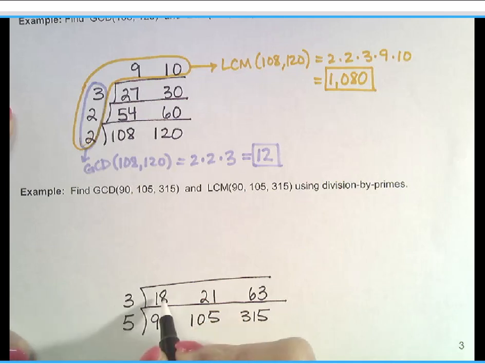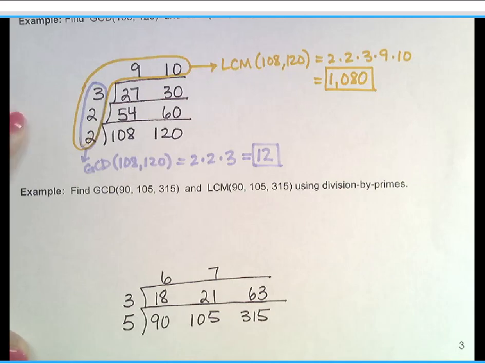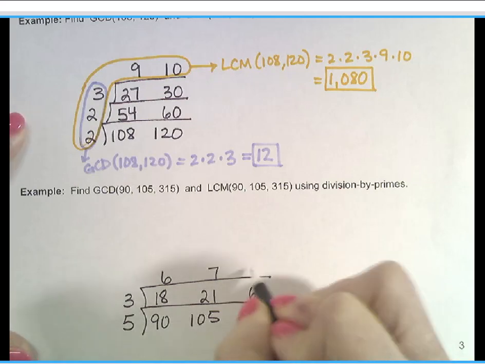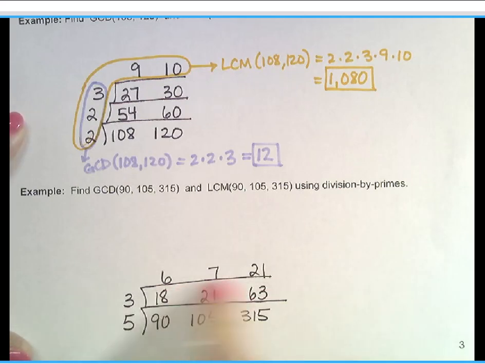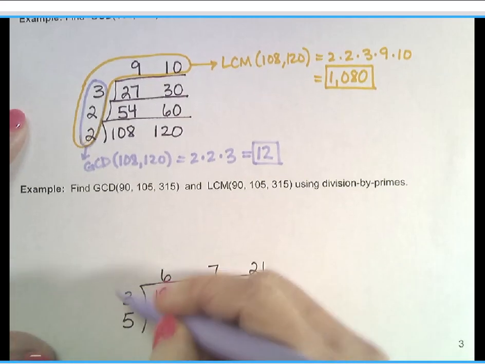So 3 goes into 18 6 times, 3 goes into 21 7, 3 goes into 63 21. And then we're looking, do 6, 7, and 21 have any common factors? It's not 2, it's not 3, can't go any bigger than that. So at this point you're done with the division.